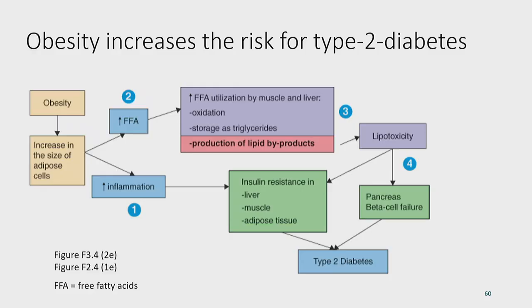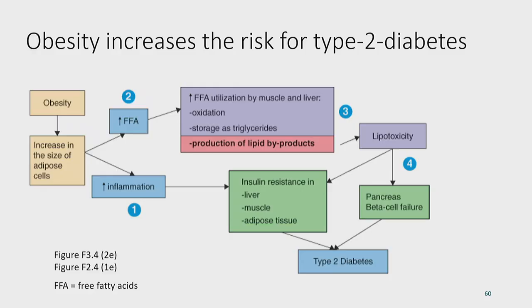The free fatty acids also enter the pancreas, where these lipotoxic byproducts are also produced, and it contributes to beta cell failure, resulting in the breakdown in the function of the pancreas.